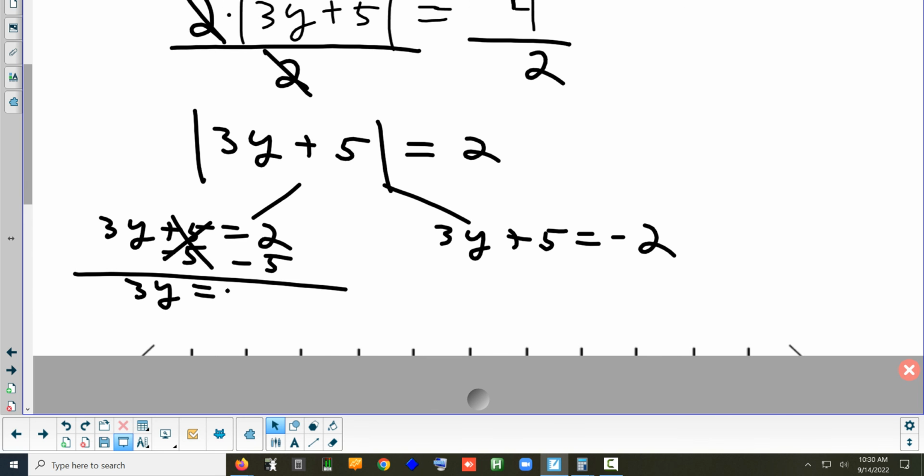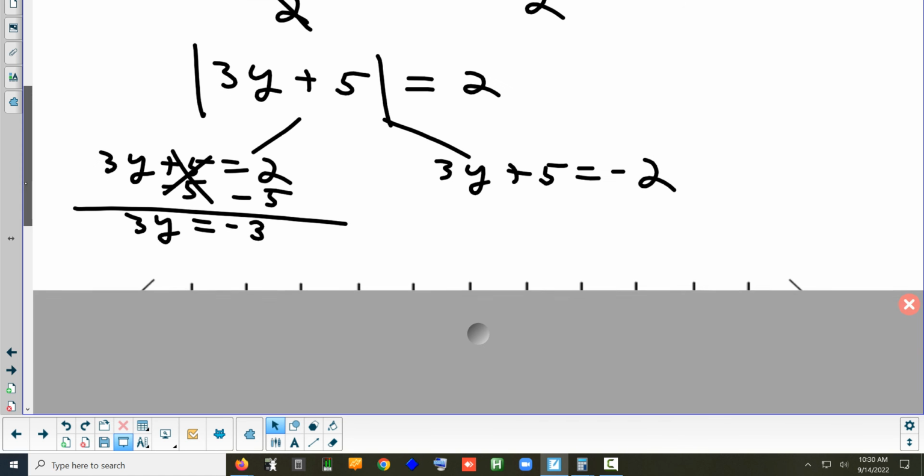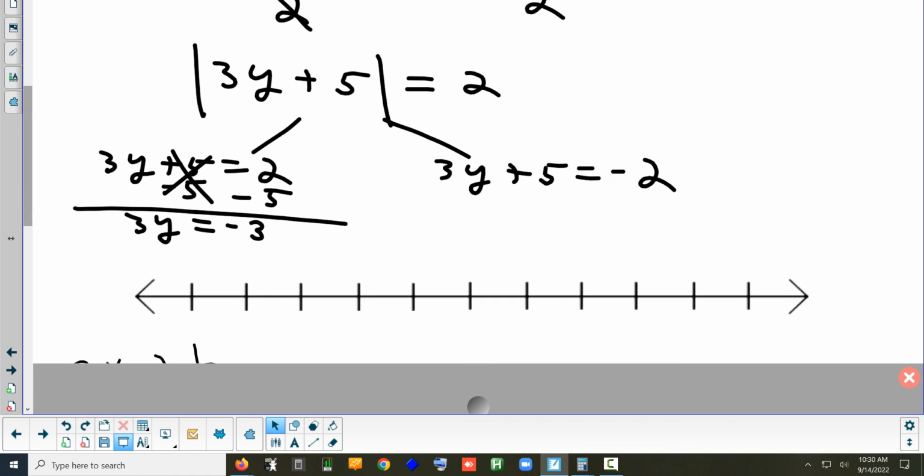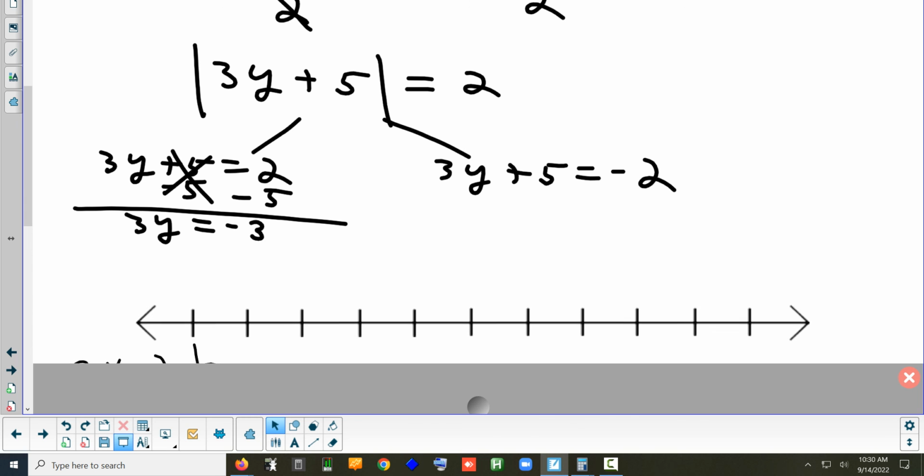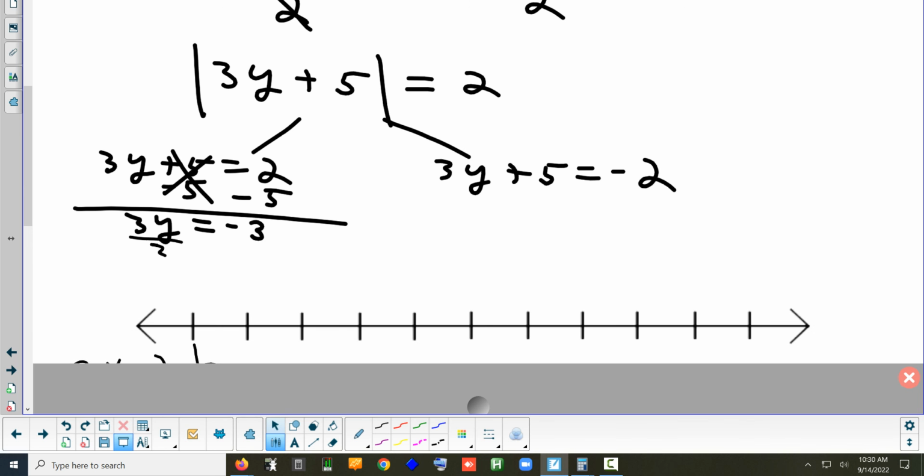Good. Negative 3. Divide each side by 3. And one of our answers is y equals negative 1.